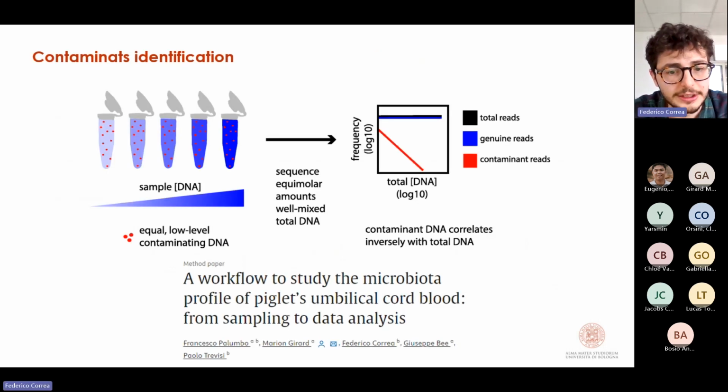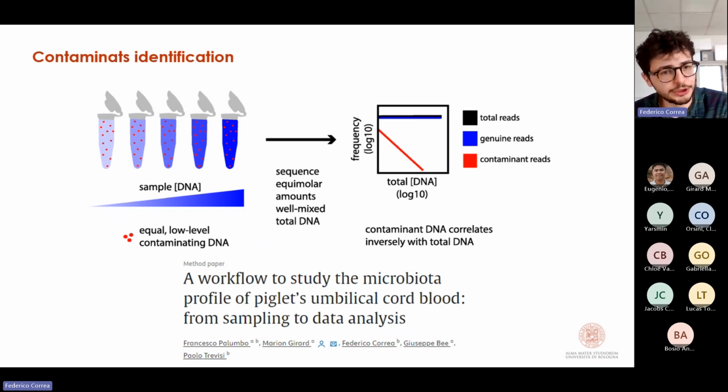Okay. I said before that contaminant identification is important. Maybe for fecal samples or samples where there is a very high load of bacteria, contaminants are less important. But when you work with samples that have really a low quantity of bacteria or are supposed to be sterile, these are usually referred to as low biomass samples.